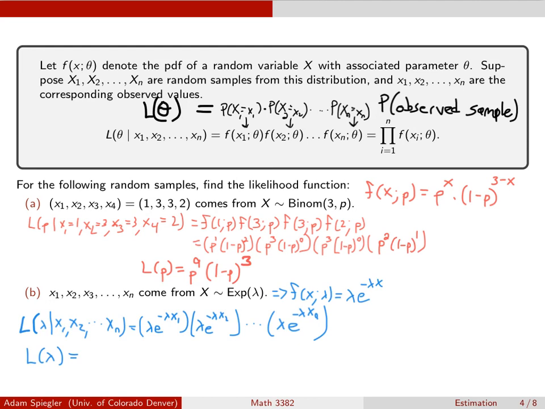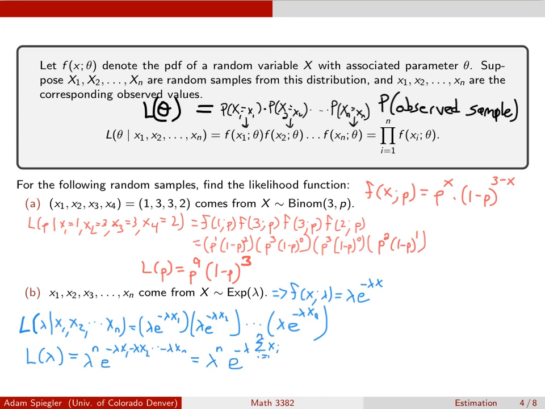So if we take this product out, we would have lambda raised to the nth power times e to the minus lambda x1 minus lambda x2 minus lambda xn, which we could more elegantly write as lambda to the nth power times e to the minus lambda times the sum of all of the xi.